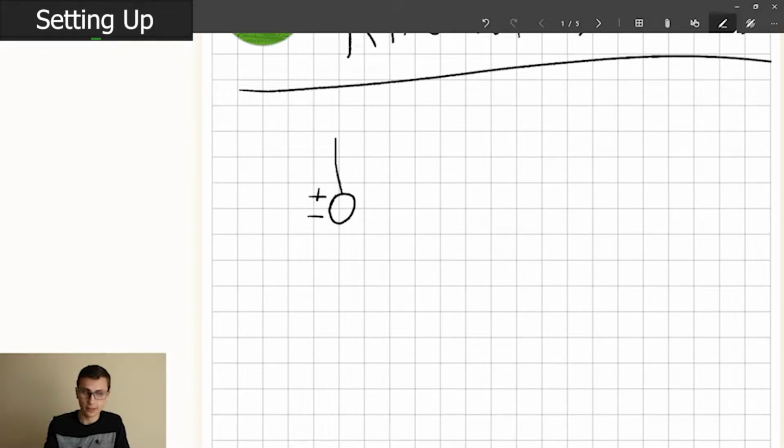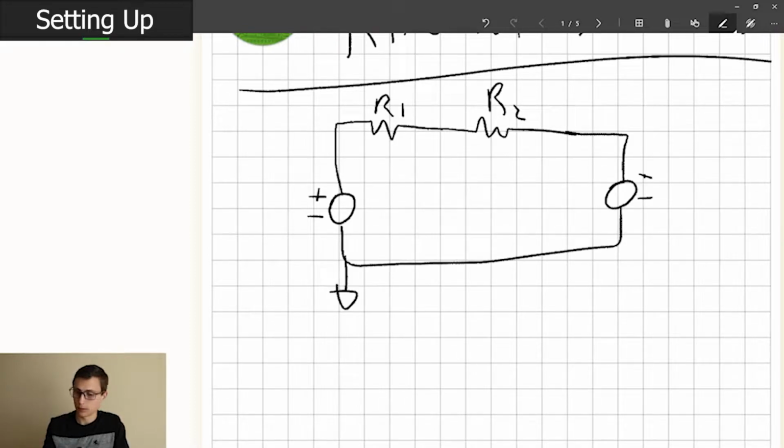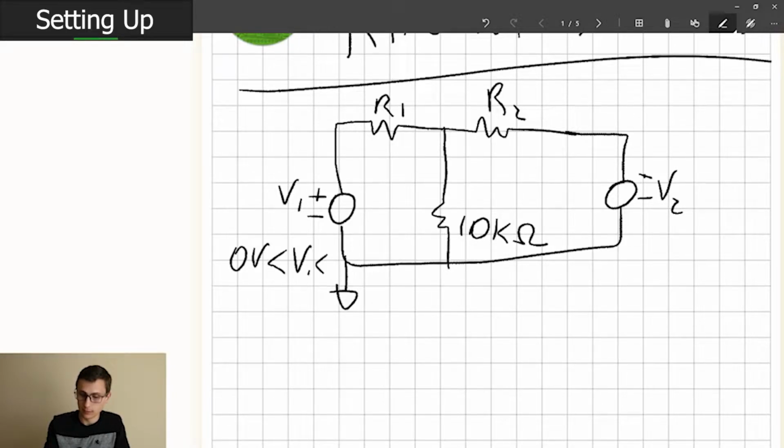All right, let's get her drawn. We've got an R1, an R2, a V2, and V1 is a control input in this case, and we know it's between 0 and 5 volts.